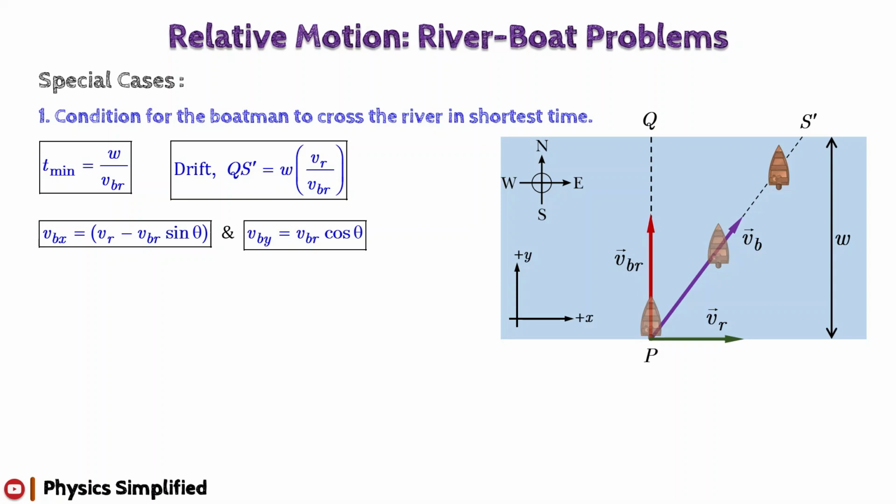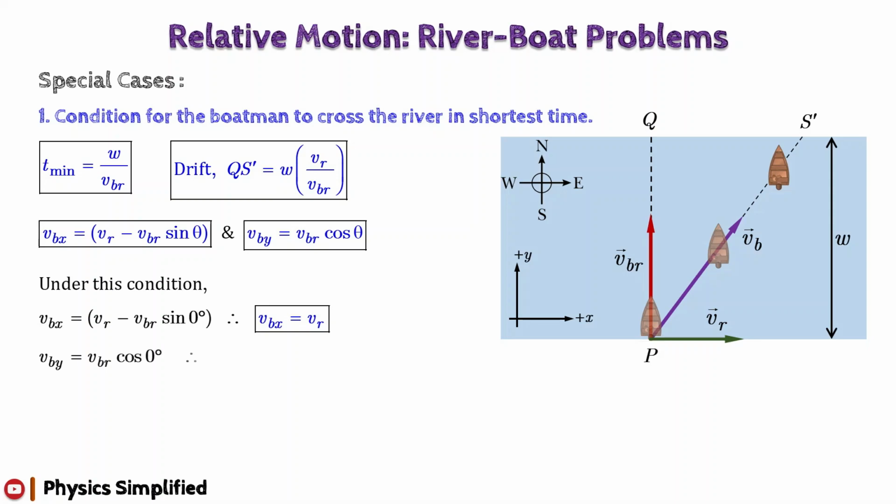Now, under the condition of crossing the river in shortest time, the x and y components of the absolute velocity of the boatman become v suffix bx is equal to v suffix r and v suffix by is equal to v suffix br.